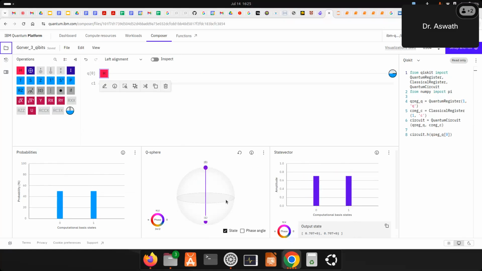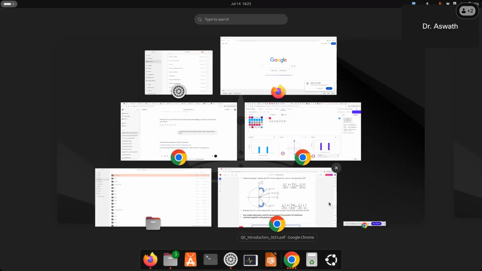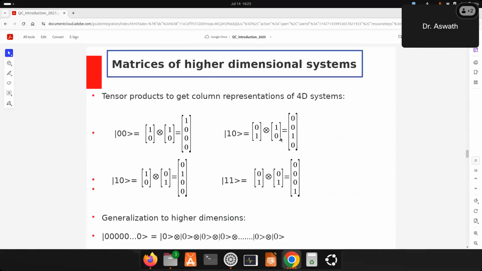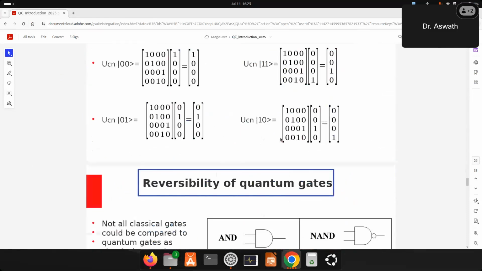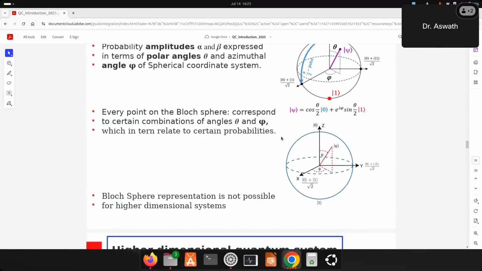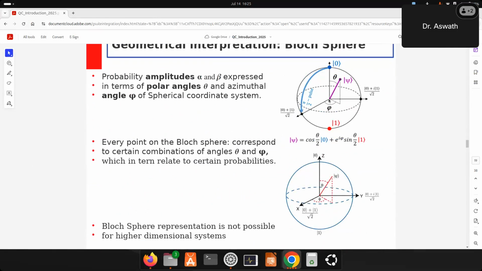What about the Q sphere? There is a vector pointing along the 0 and there is a vector pointing along 1 also. In our Bloch sphere representation, the equal superposition is just one quantum vector.